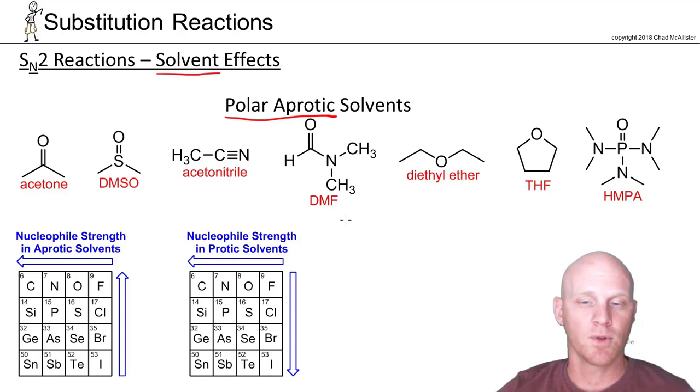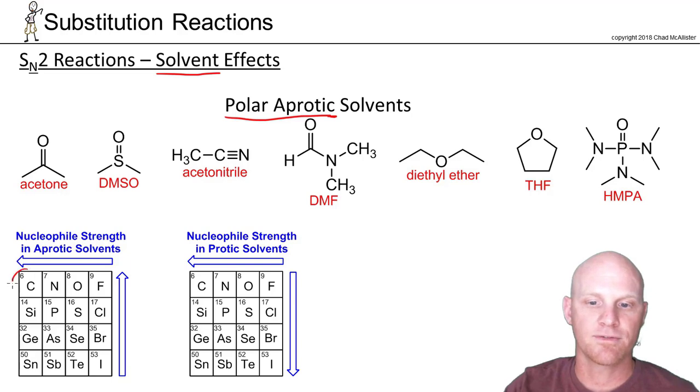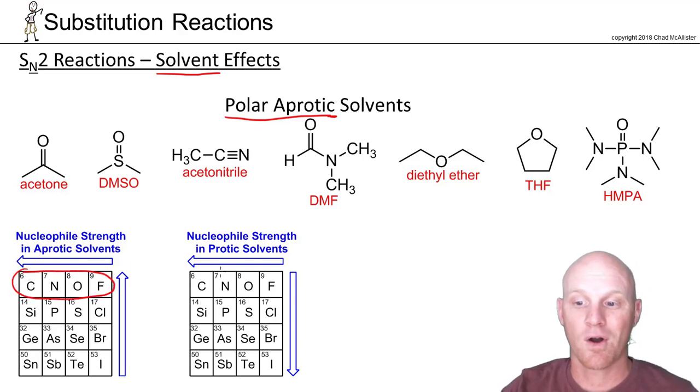We're going to say that a polar aprotic solvent is best for SN2 reactions in general. There are some exceptions; I'm going to ignore those entirely. So for SN2, we definitely want to use one of these polar aprotic solvents. If you recall, your small nucleophiles are the strongest when the solvent is aprotic, but are the weakest when the solvent is protic.